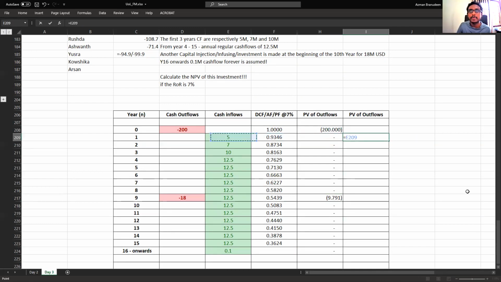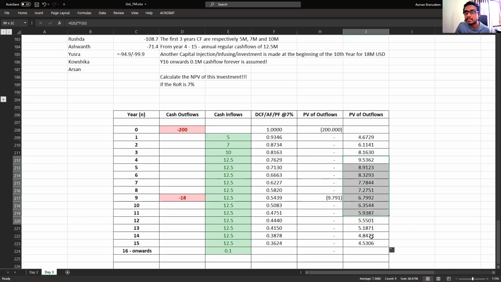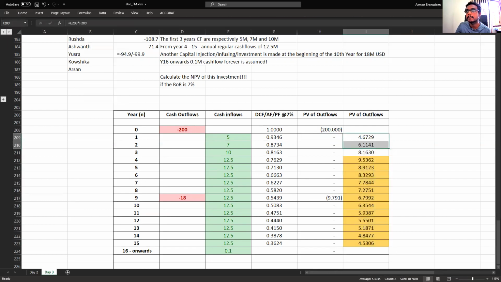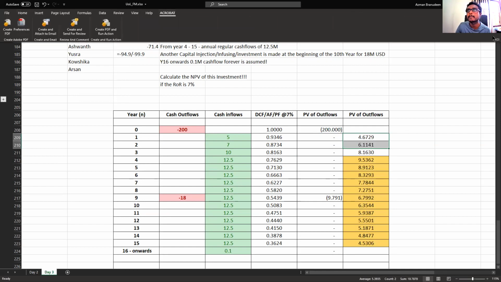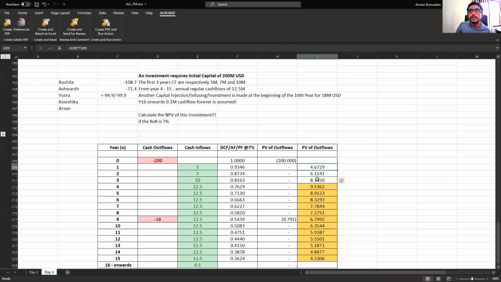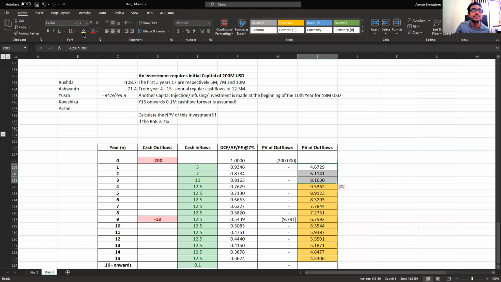Outflows, I'm getting 5 here. Okay, 4.6729. Let me leave the annuity. And if I sum up the annuity, if I sum up the individual cash flows, sure.